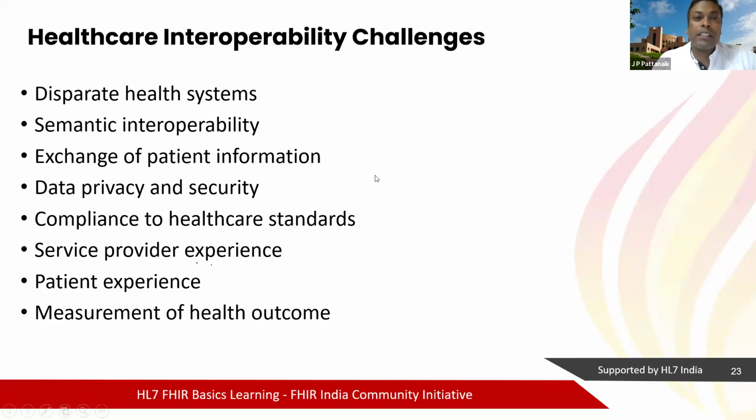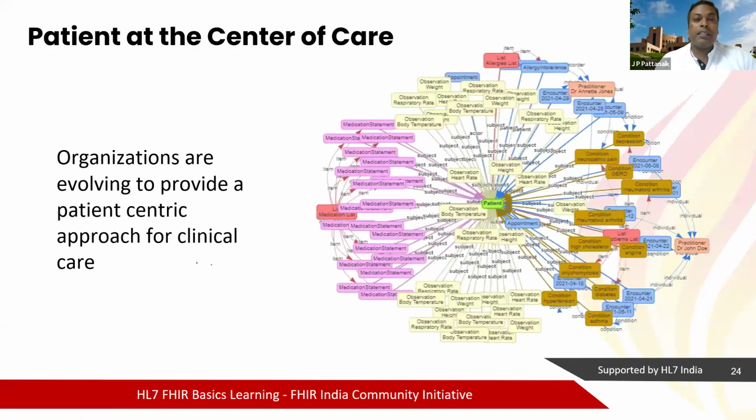But having said that, what's happening now? Can you move to the next one? As you can see, when the healthcare services started, the focus was probably more on physician-centric or finance-centric, billing-centric. But what is happening over the period is that all organizations are becoming more patient-centric, in the sense all activities, everything, is revolving around the patient, right?